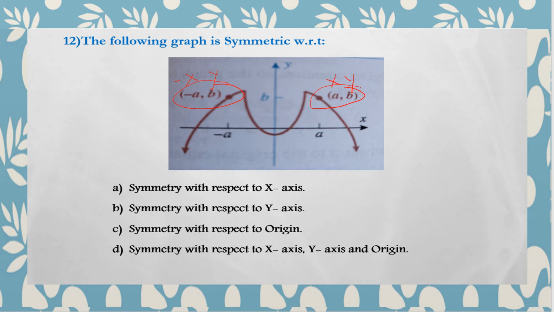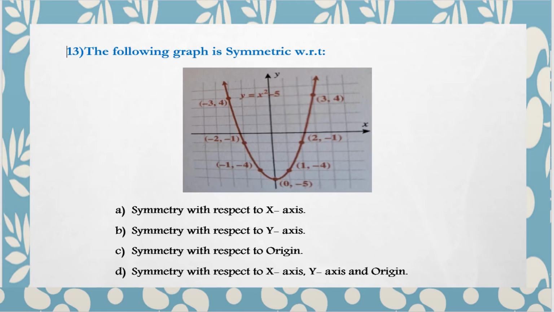But if we have the negative y, this means this is symmetric to the x-axis. If we have the negative values of x and y, this means that the graph is symmetric with respect to the origin. In this graph, we only get the value of the negative x. So this is symmetric with respect to the y-axis. And the correct answer is B.